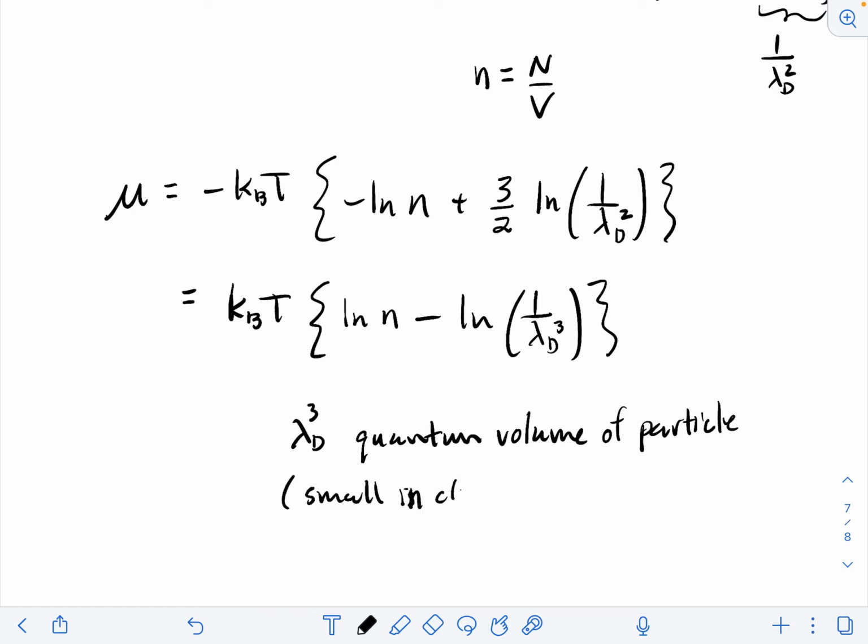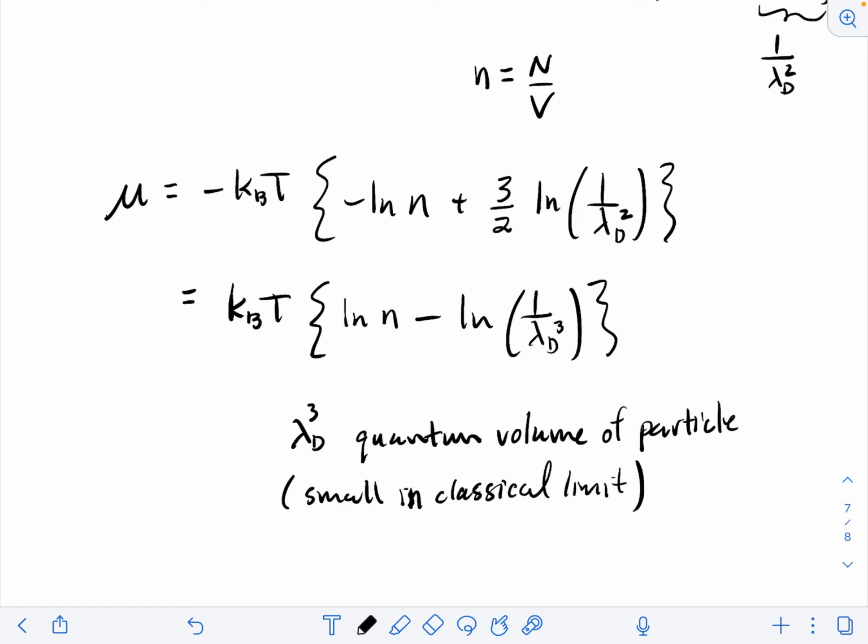Remember when we were talking about Bose-Einstein condensation, one way to think of the condition for Bose-Einstein condensation was that this quantum volume had to become bigger or equal to the space available per particle. And so the quantum volume grows as temperature decreases.